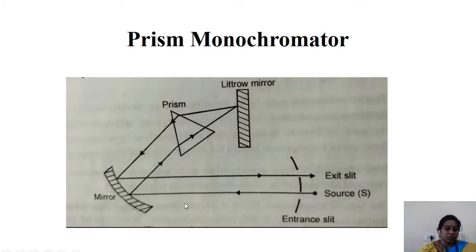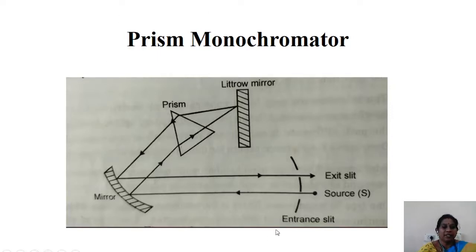If a parallel beam of radiation falls on a prism, the radiation of two different wavelengths will be bent through different angles. The isolation of two wavelengths is easy if there is a greater difference between the two angles. This is the principle of a prism monochromator.